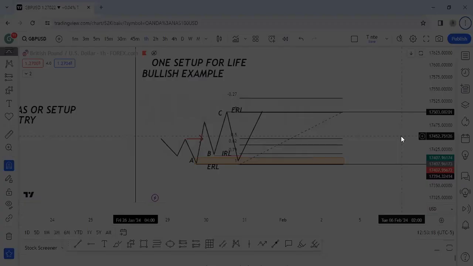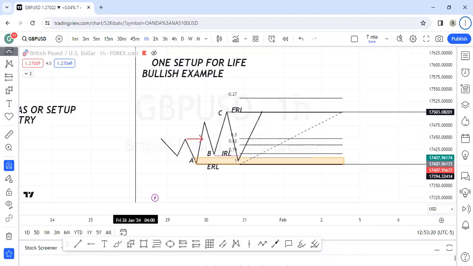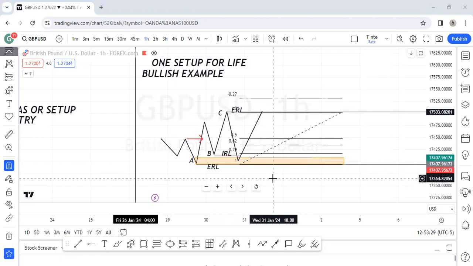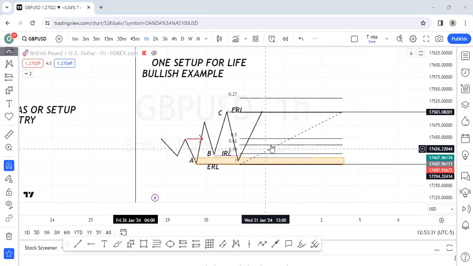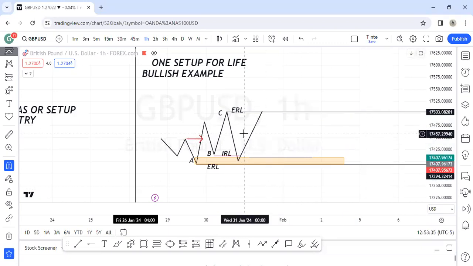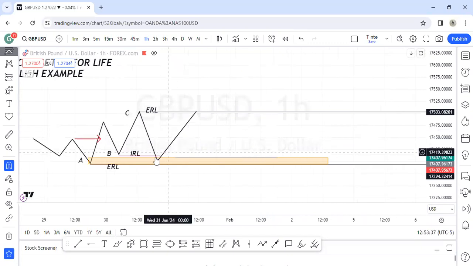Now this model is both an entry model and a setup model. So you can use it for your lower time frame entries as well. When the market comes inside your POI, you're still looking for the same model inside there.